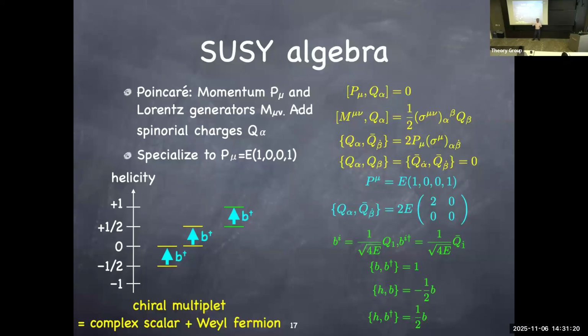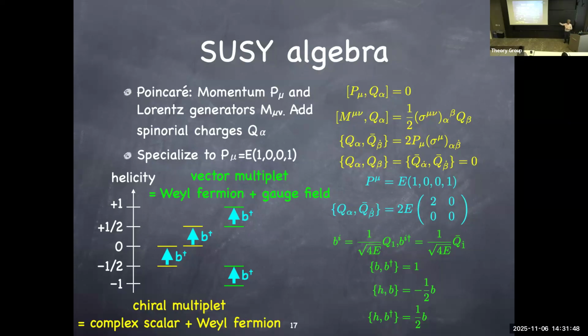And helicity 1 has to be a gauge boson in a Yang-Mills gauge theory. So this kind of multiplet is called a vector multiplet, namely that you have a gauge boson, like a photon, paired with a fermion with helicity 1/2, that's a photino. So the gauge boson and gaugino pair is called the vector multiplet, and this is just the complex conjugate of that. So this is in general the structure of multiplets in global supersymmetry.